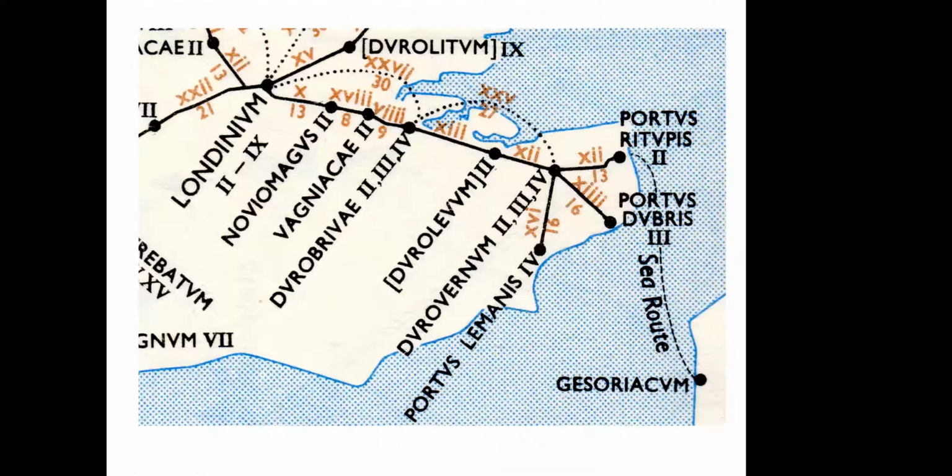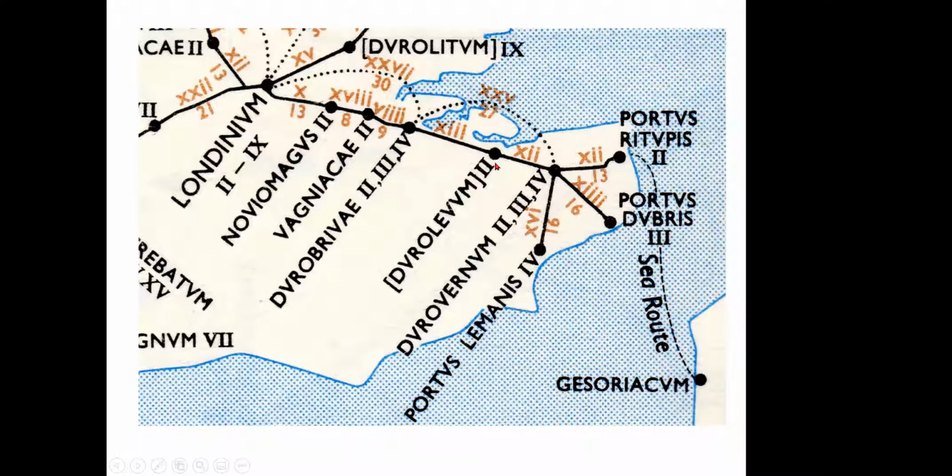Sorry about this technology. They're supposed to be within about half a day's march of each other. And obviously this is kind of halfway, if you like, between Rochester, Canterbury, and Richborough, but where is it?